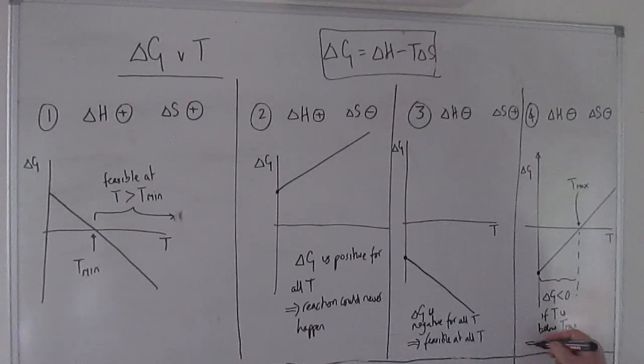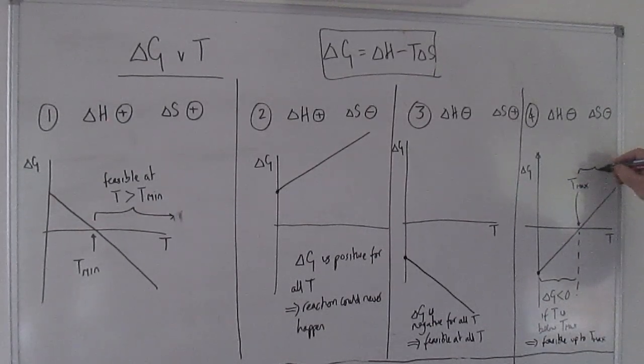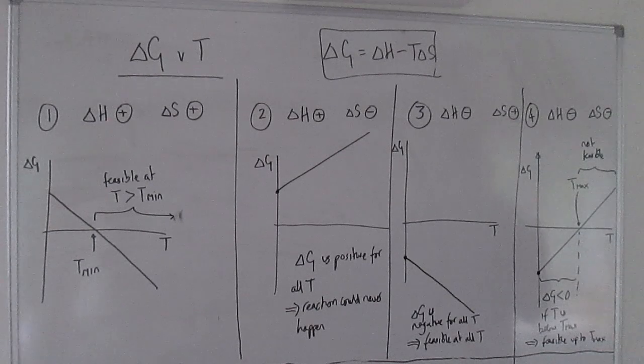In other words, it's feasible up to T max, but above T max delta G becomes positive, and so it's not feasible at higher temperatures. So we get this interesting situation that for lots of exothermic reactions they're actually only feasible up to a certain temperature, and then they stop becoming feasible.